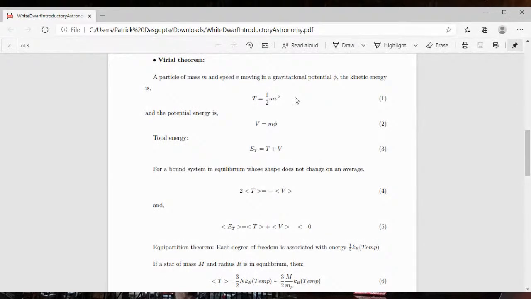But remember, whenever you are doing the calculation, you have to convert everything either to MKS units or to CGS units. So don't make the mistake of combining things, one evaluated in MKS, other evaluated in CGS, then you will get a nonsensical result.